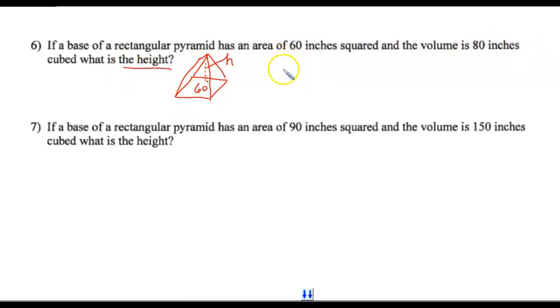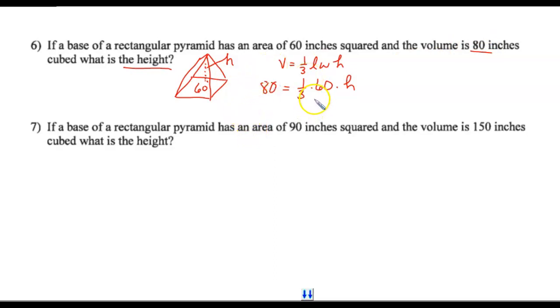So let's take what we know. We know volume equals 1/3 length times width times height. For this, that is the area of the base. So if we take 1/3, the area of the base was 60. And we know that that whole thing is 80 inches cubed.